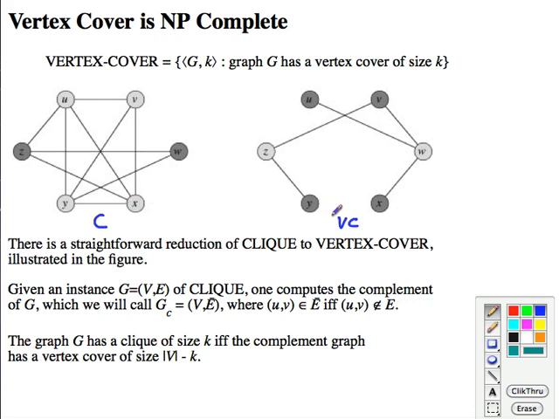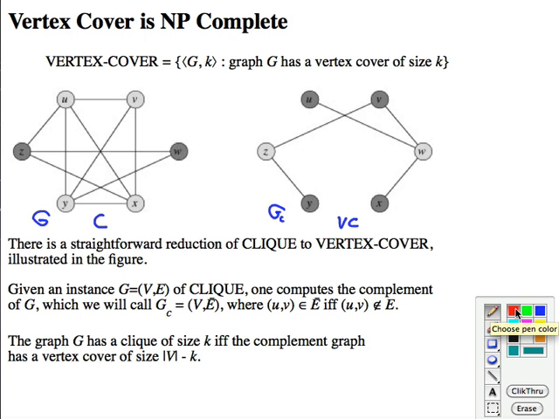All the edges in the VC instance are exactly the edges that are not in the clique graph, and vice versa. And then we're going to claim that this graph here, which we're calling G, has a clique of size k if and only if the complement graph, which I'm calling GC, has a vertex cover of size V minus k. Now let's look at why.